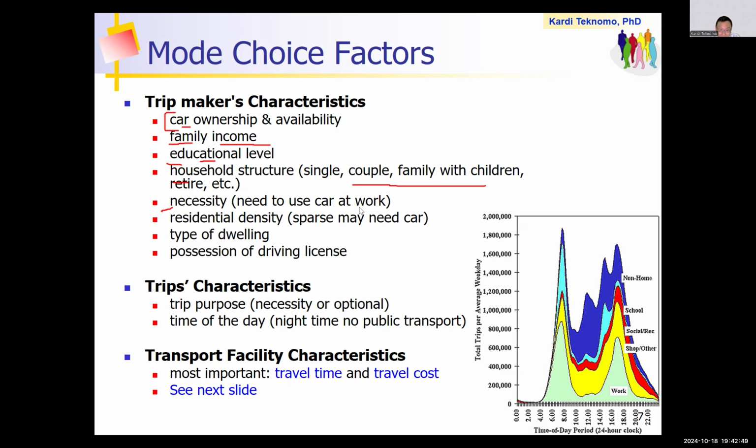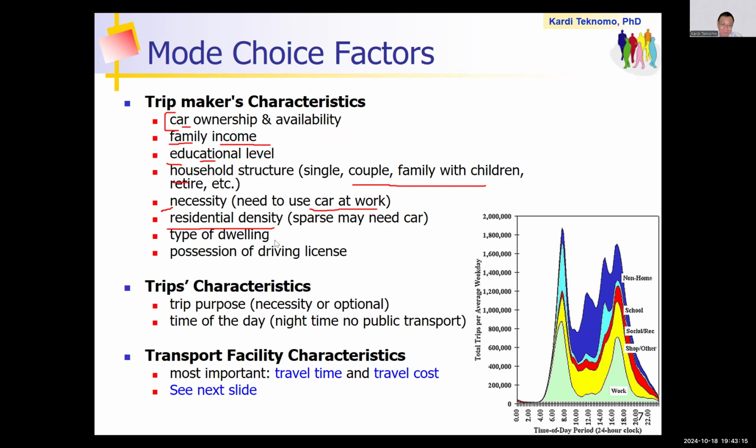There are certain jobs where you need to use a car at work, for example, you are a driver or a delivery person. So then of course it is by necessity to use a car. In the US, for example, the residential density is rather sparse and there is no available public transport, so there is no other choice except to use a car.